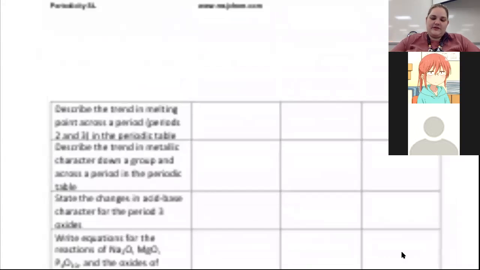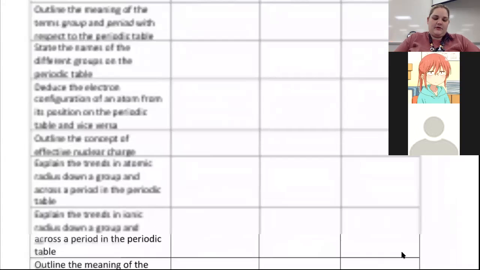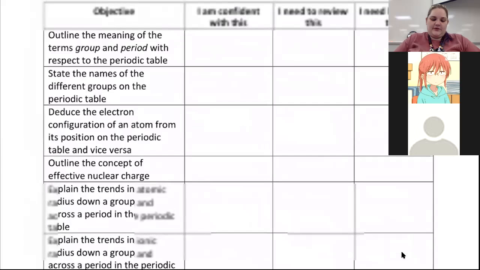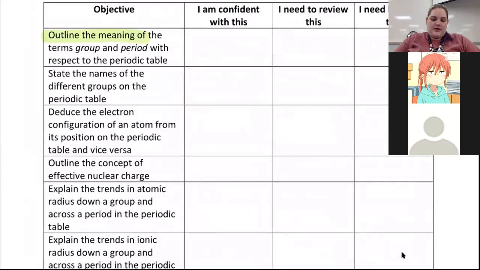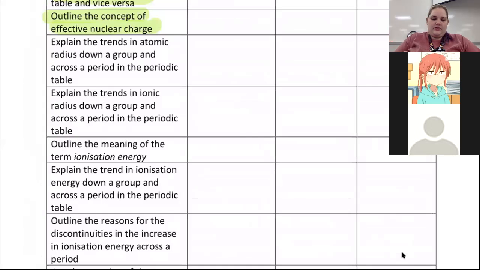What we did on Monday and Tuesday, we covered this first one, this second one, this third one, and then at the very end, we started talking about this fourth one. So we're going to go back and recap that one today. And then after we recap that, we're going to cover this one, the trends for atomic radius, the trends for ionic radius, down a group and across a period.